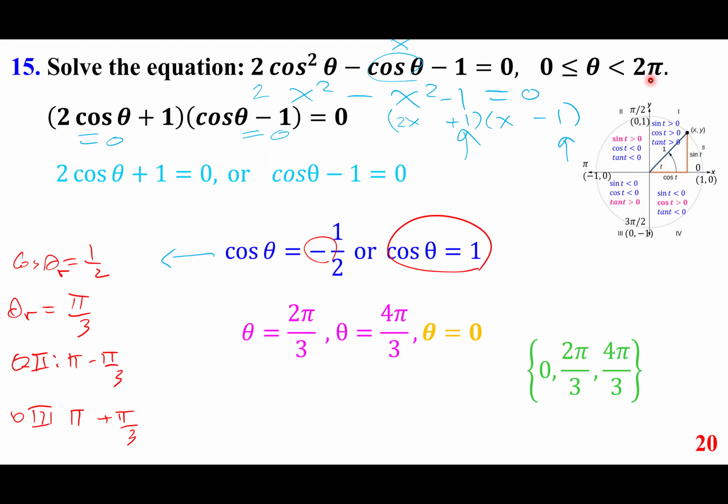Okay, so those are the answers: 0, 2π/3, and 4π/3. That's the set that represents the solution.